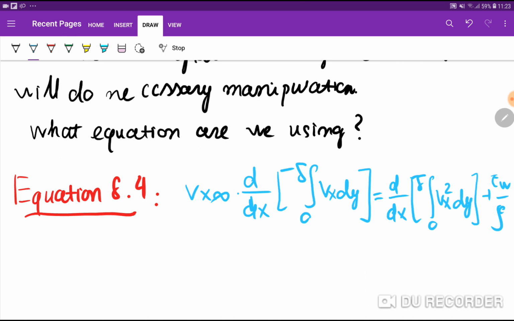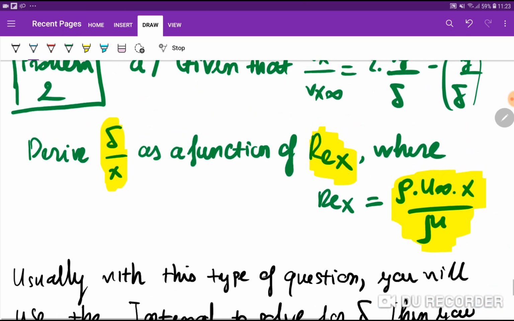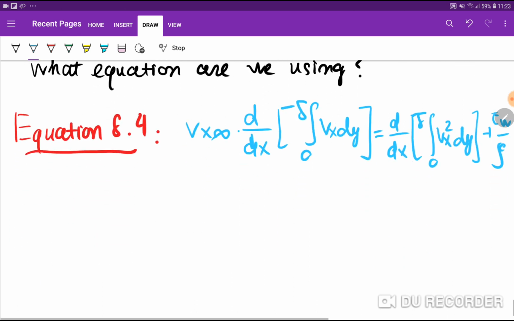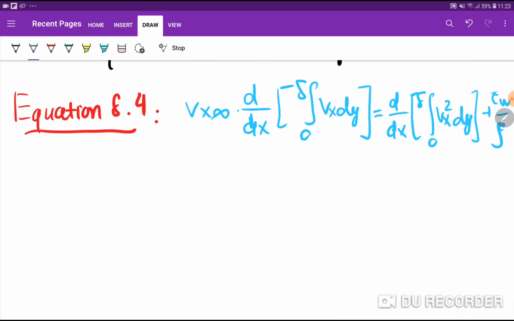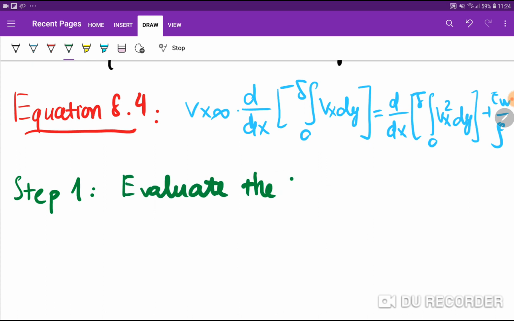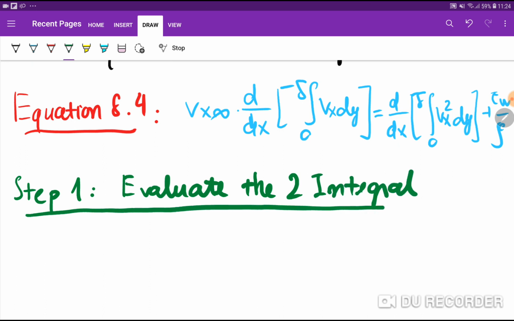Now we have the equation down, and we have the goal, delta over x as a function of Reynolds number. Let's get started. This problem breaks down into multiple steps. Step one, evaluate the two integrals, the ones right here.